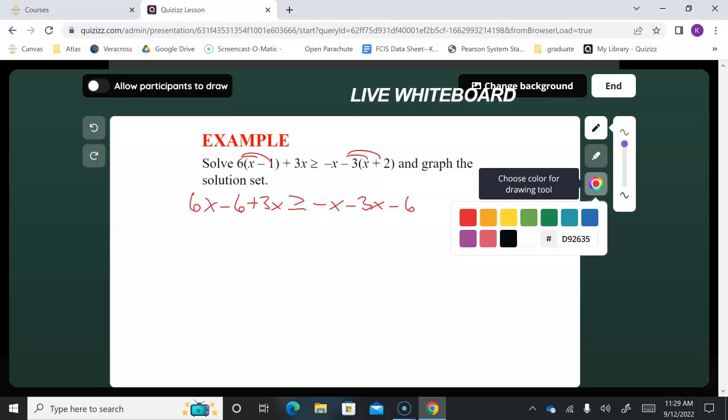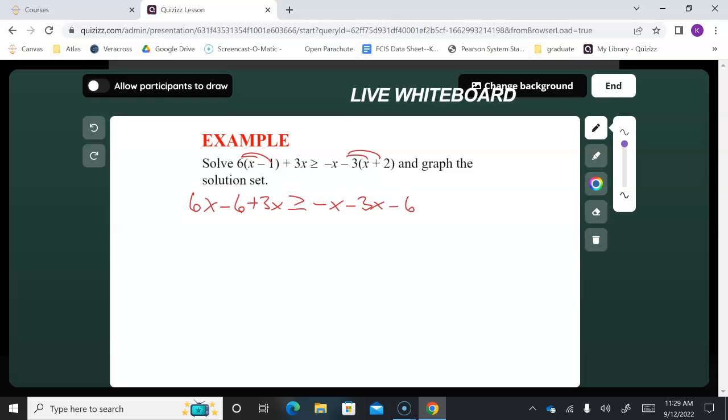All right? Now what? We'll get there. I like to combine x's first, combining like terms, just makes it a little bit easier. So 9x minus 6 and negative 4x minus 6.